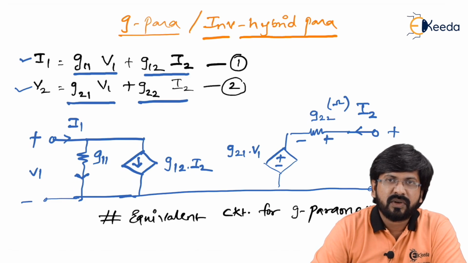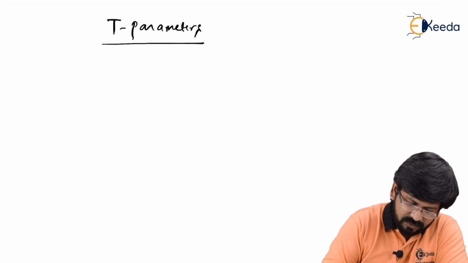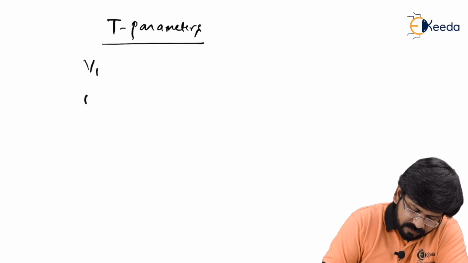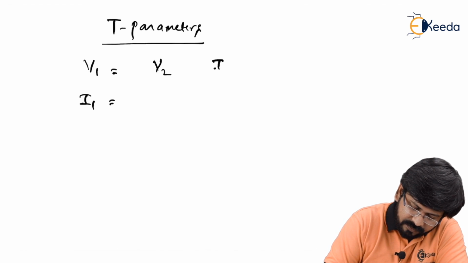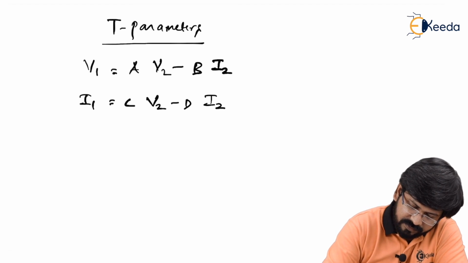Now we will discuss T parameters. See, for T parameters, you know the fact that inputs are functions of outputs, meaning V1, I1 depend on V2, I2, and what we have here is A, B, C, D along with negative sign here.